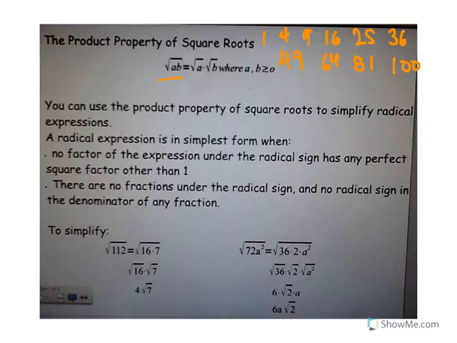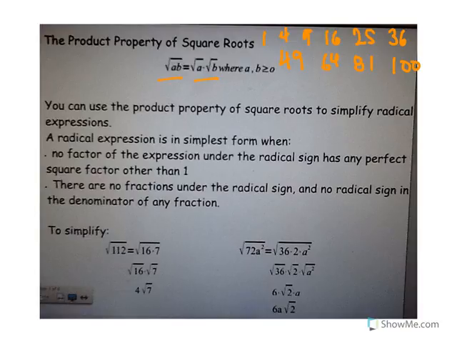A really important aspect of square roots is that if you have any number a and any number b, and you take the square root of a times b, that's the same as taking the square root of a times the square root of b.